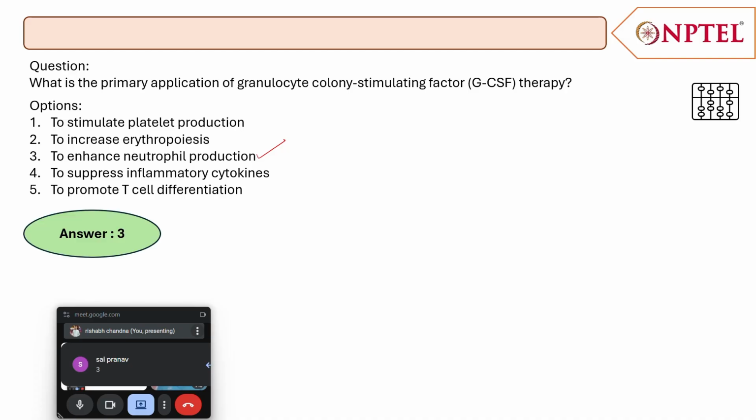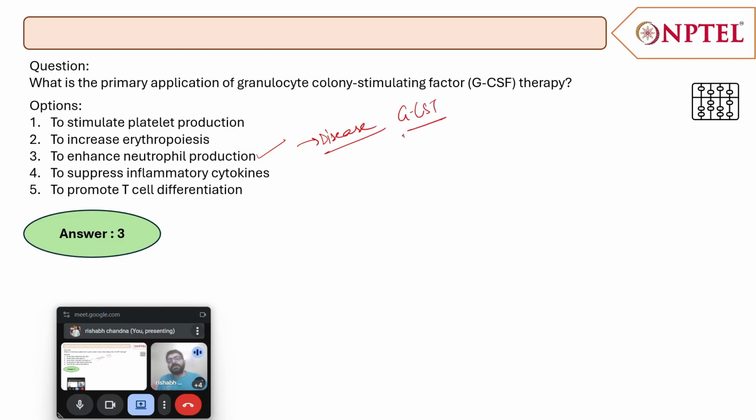Okay, so the correct answer is 3. So G-CSF basically helps in neutrophil production. Okay, so whenever we have a disease, in that case G-CSF is given so that it can increase the neutrophil production.